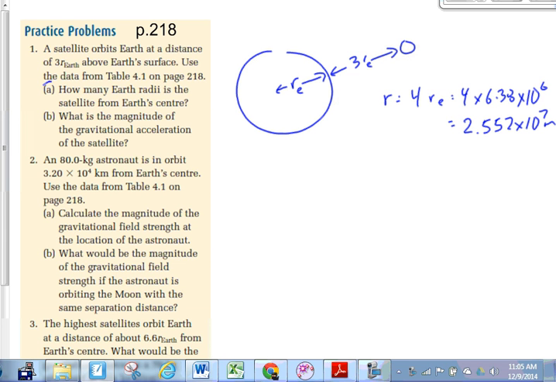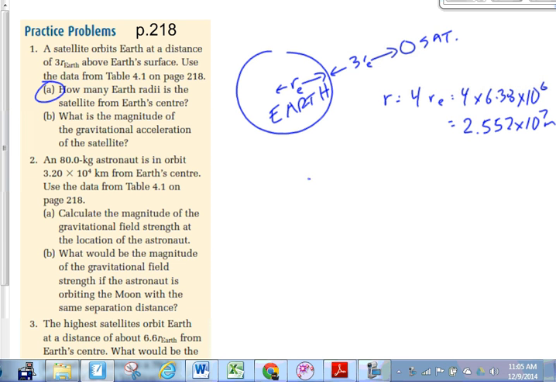What else we got here? Well, we've already solved for A, right? How many of the Earth's radius is a satellite from the center of the Earth? It's 4, right? 4 times the radius of the Earth. What's the magnitude of the acceleration of the satellite? This is the gravitational field strength, right? What do you know more about? The producer here, the Earth, or the experiencer here, the satellite? The producer.